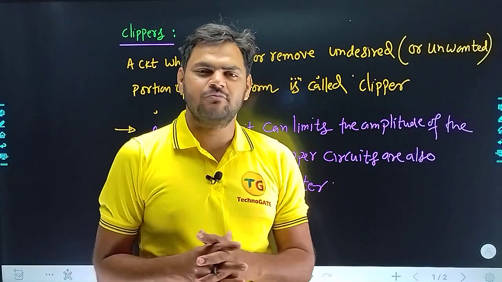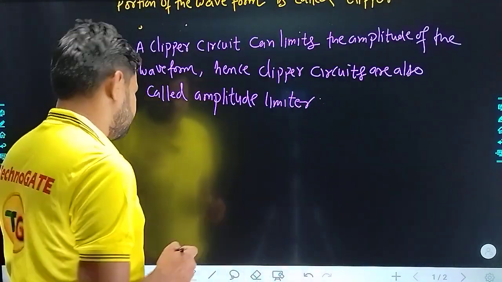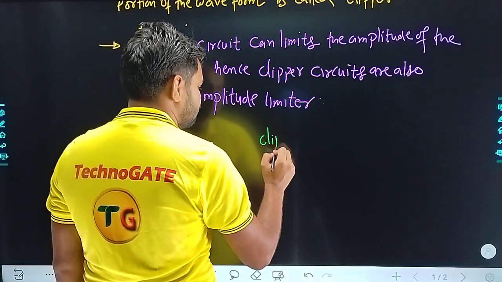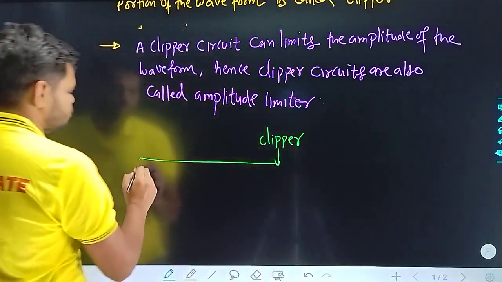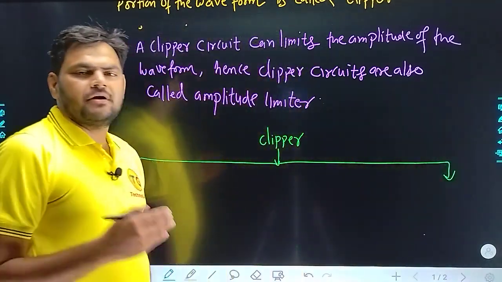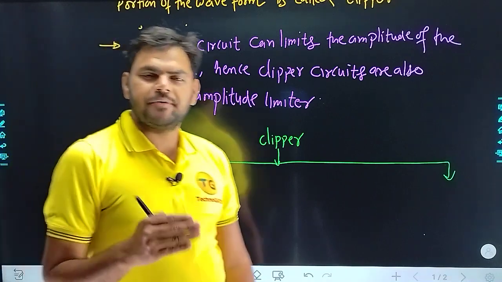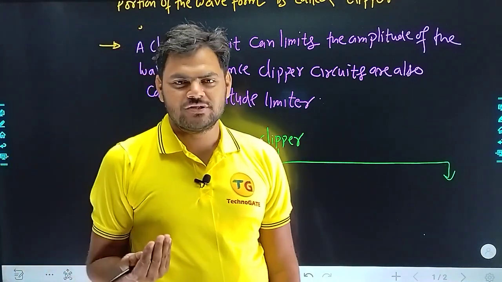Now let's consider the two major categories of the clippers. We will discuss them one by one. Let's make a heading here: the clippers have two major categories. Basically, the element of the clipper which is responsible for the clipping action is the diode, since we are using diode applications here.